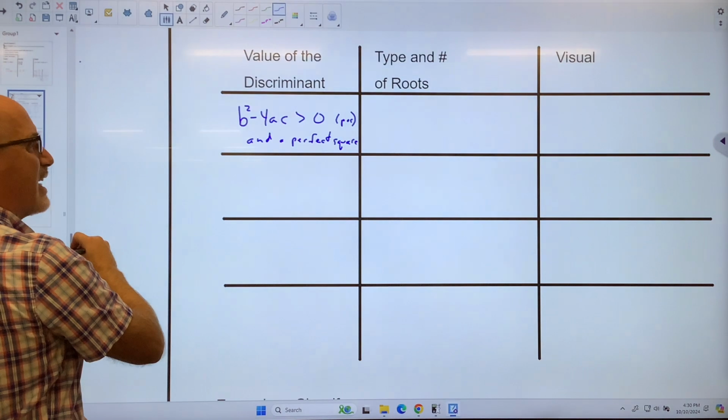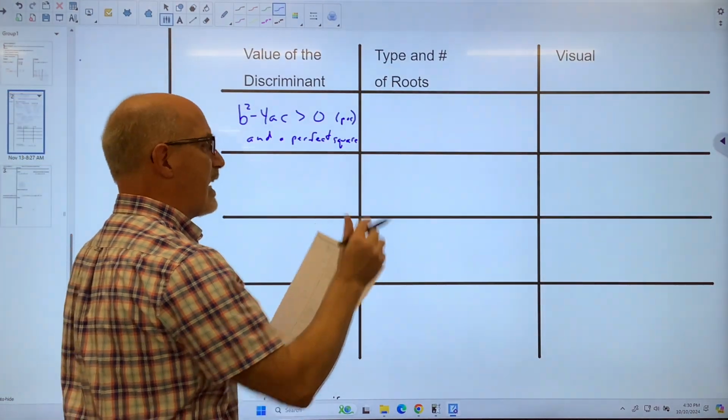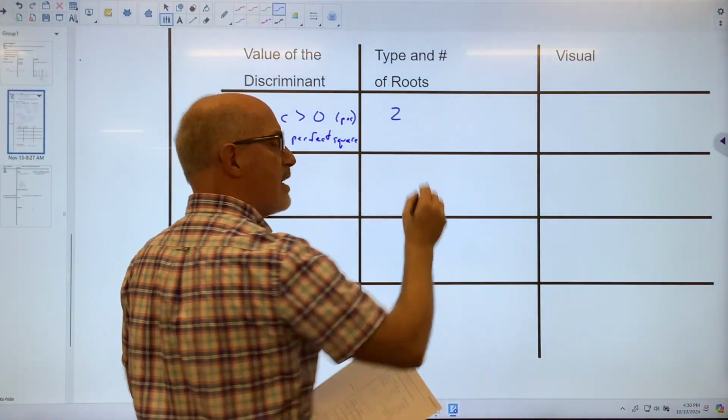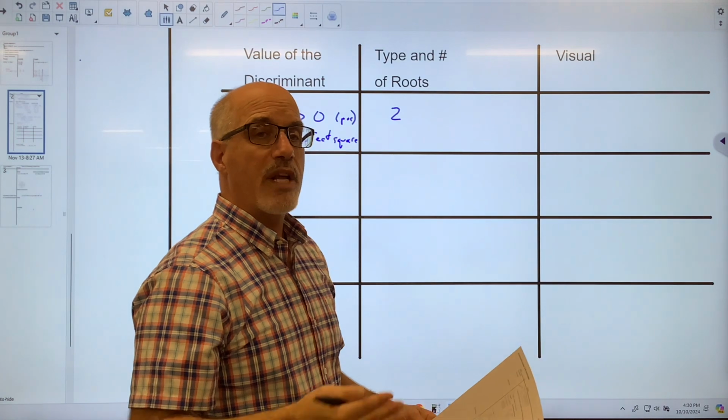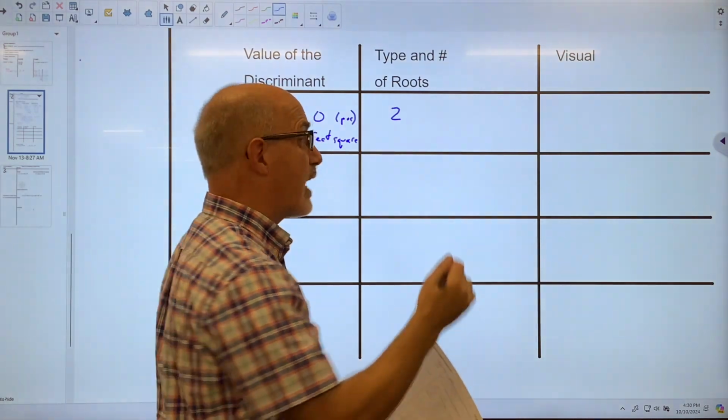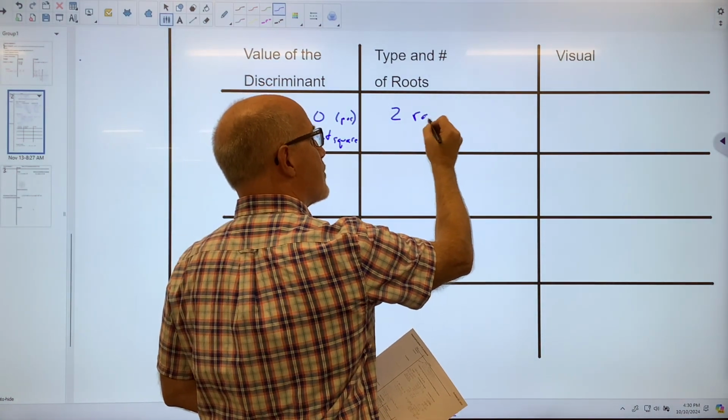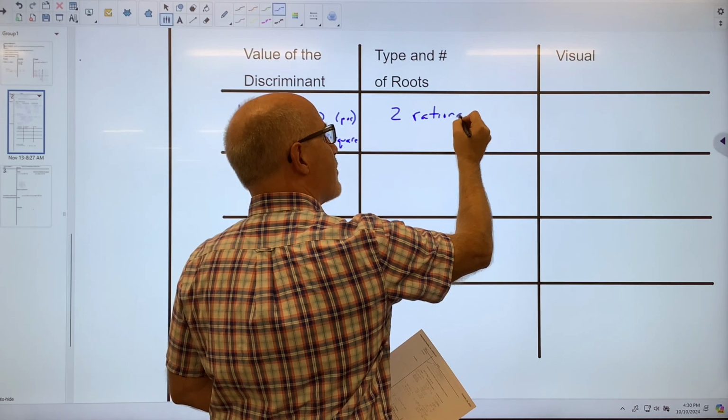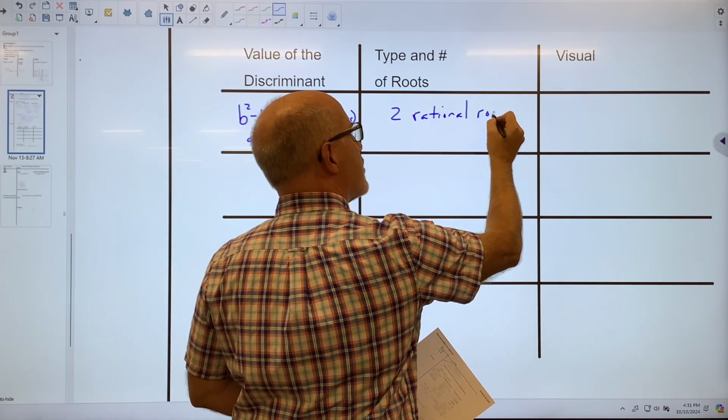If that's the case, there are going to be 2 roots. They're going to be real, but we can be more specific: they're actually going to be 2 rational roots.